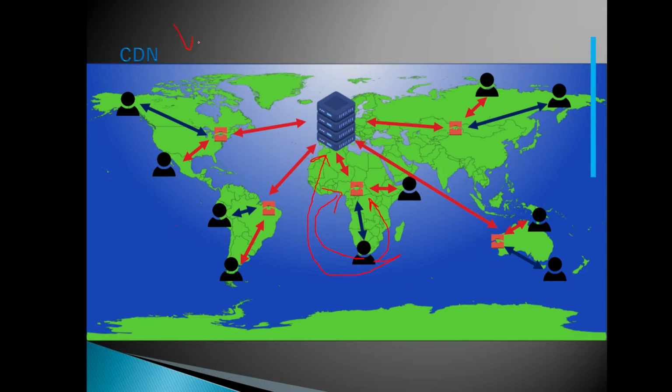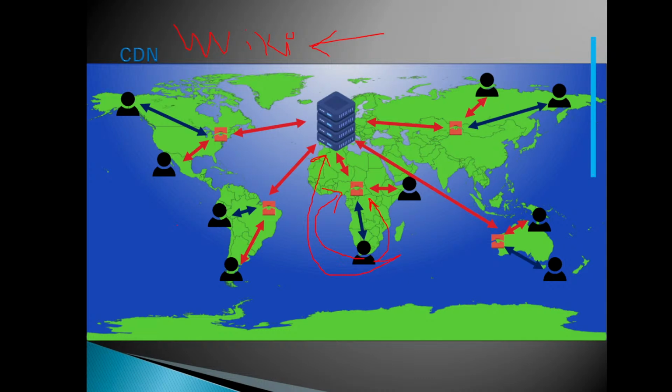If you are typing www.wikipedia.com, are you going to ask the user to change the URL so that they can hit the edge location, or should everything be the same for the user? Agree? Is the user going to change anything at their end?